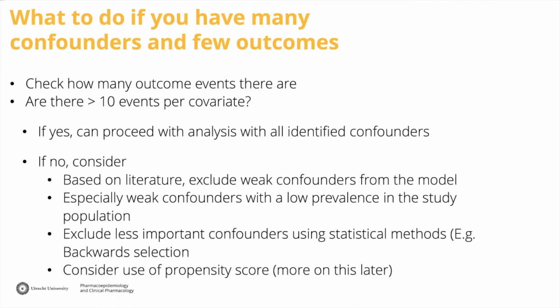You can exclude less important confounders using backward selection, or you can consider the use of a propensity score. These will make a lot more sense when I talk about variable selection for multivariable models later on. But just know that if you don't have enough events for the number of confounders, and so don't have enough statistical power to conduct your analysis, there are things you can do to deal with this.